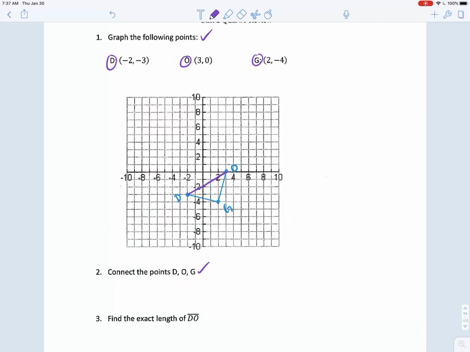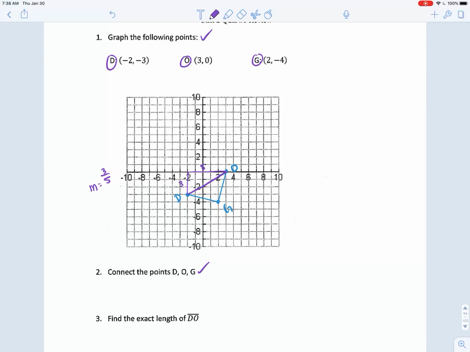So the first thing, we got to create our square, and we need to use our slope here. It looks like we went up 3 and over 1, 2, 3, 4, 5. So it looks like the slope of DO is 3 over 5.